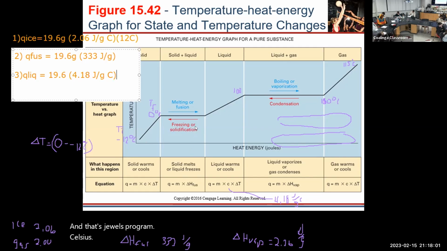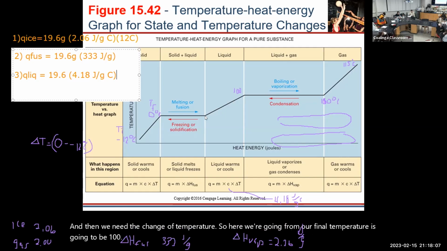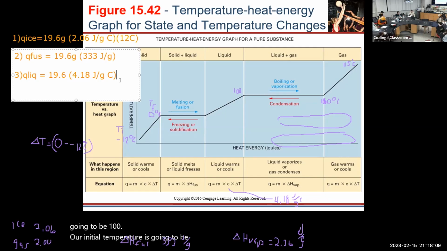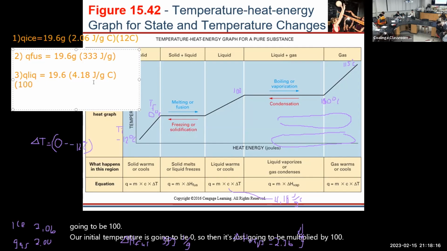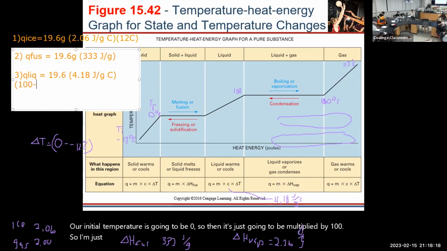And then we need the change in temperature. So here we're going from our initial temperature of 0 to our final temperature of 100, so it's just going to be multiplied by 100 minus 0.